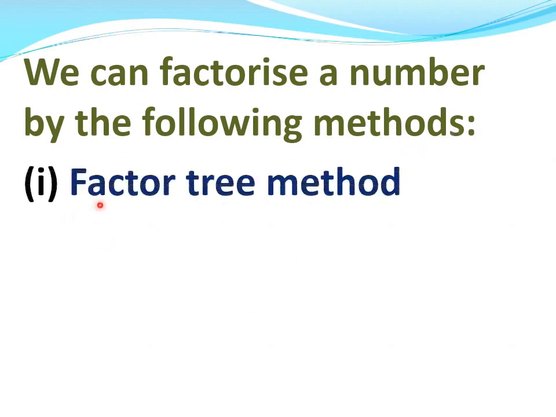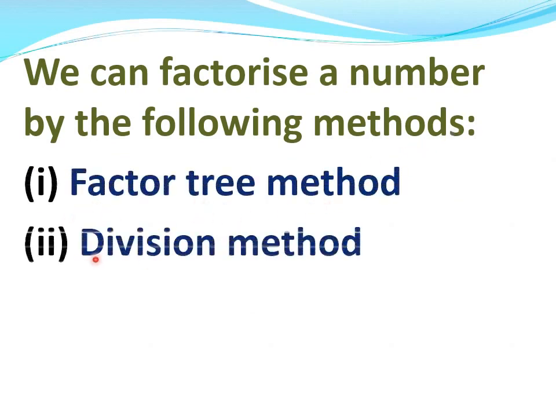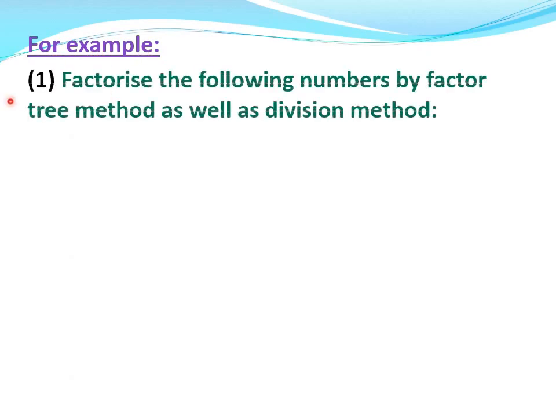Number 1, factor tree method. Number 2, division method. I will explain with examples. Question number 1: factorize the following numbers by factor tree method as well as division method. Part A: 28.